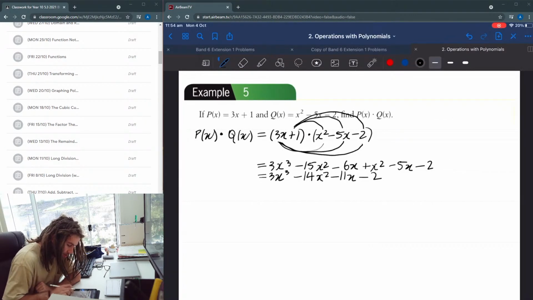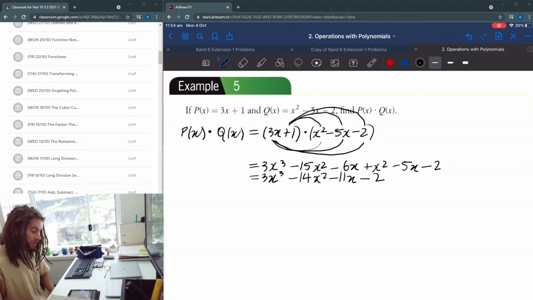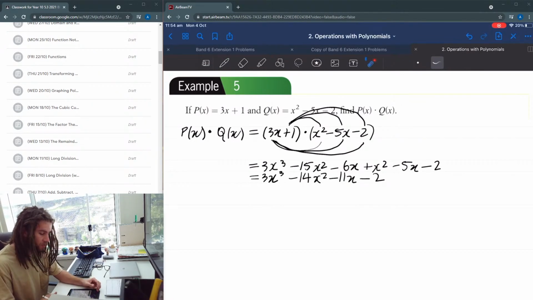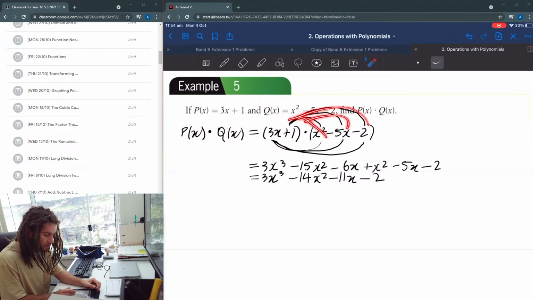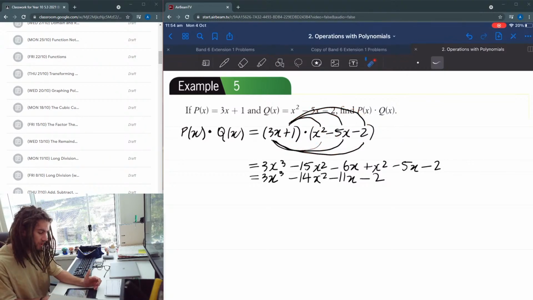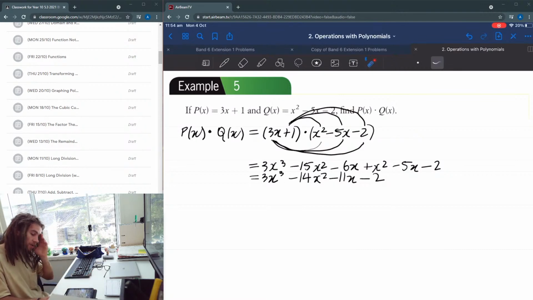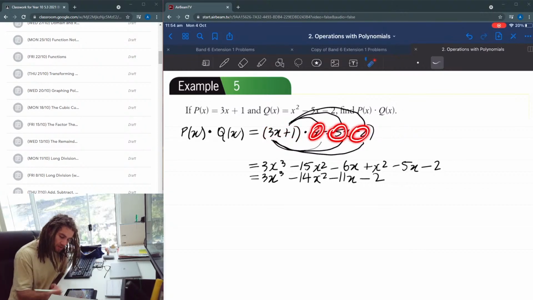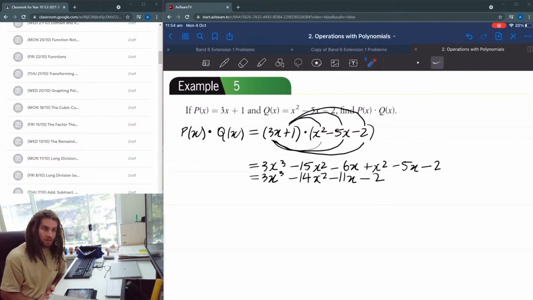So a couple of things I want to take away from this. I know it seems pretty simple, which it is, but the first thing is try to keep track of what you've done. Obviously I've drawn these lines on there, and to be honest, you should do that. If you don't, it can be risky because you don't know what you've done. So there's a quick check. There are 2 distinct terms in here, and 3 distinct terms in there. 2 times 3 is 6.